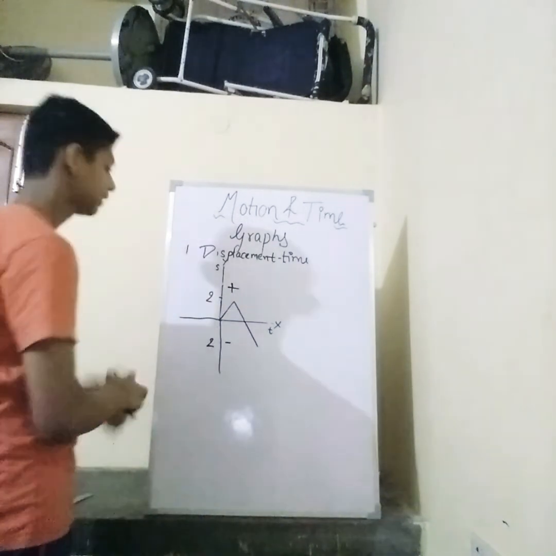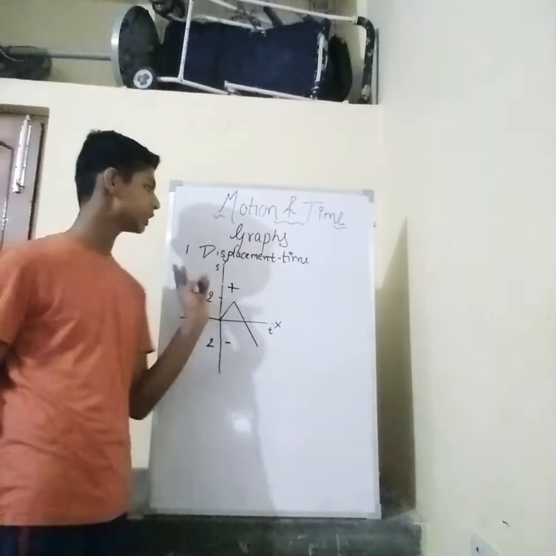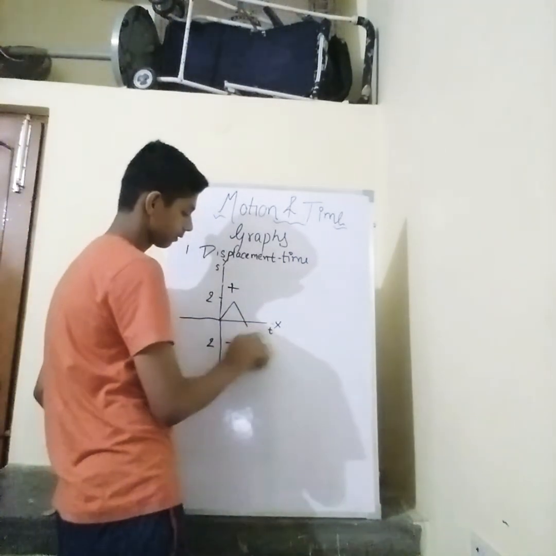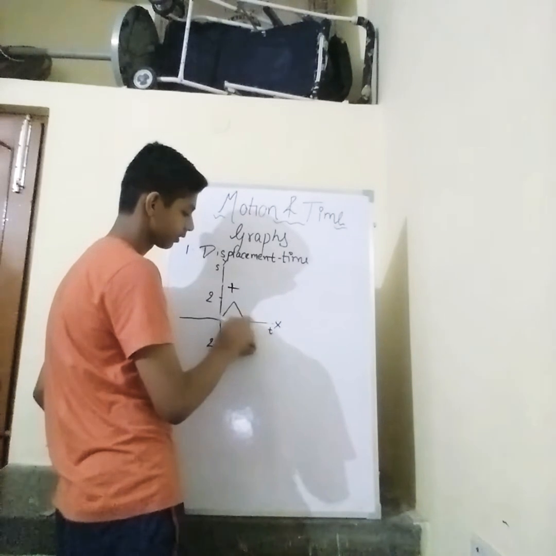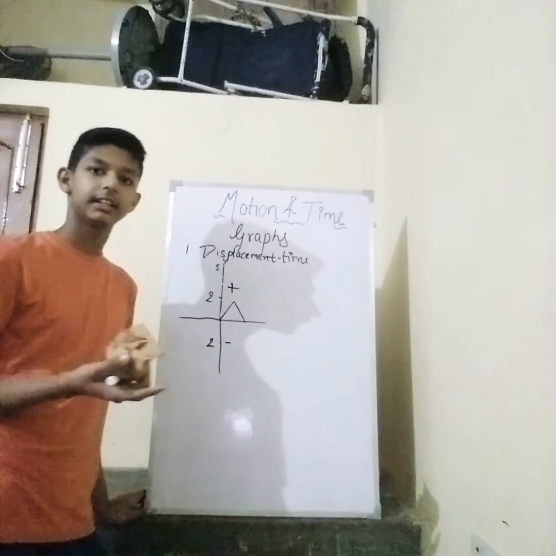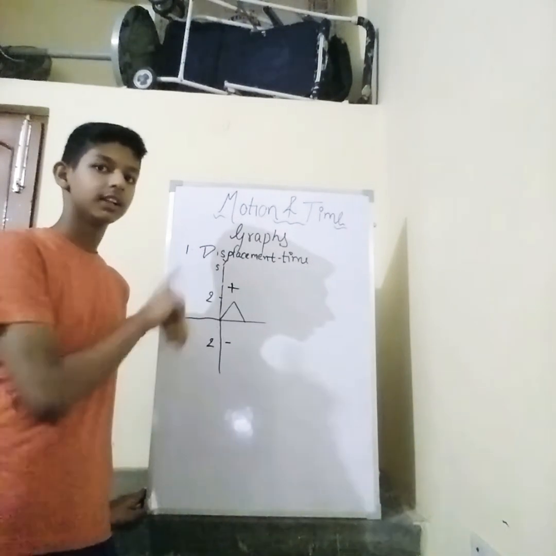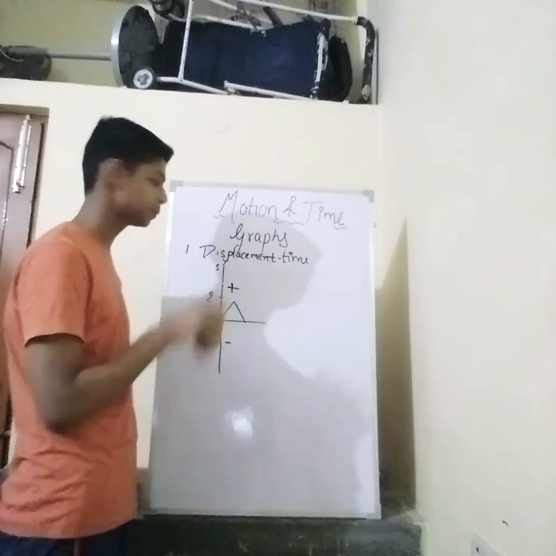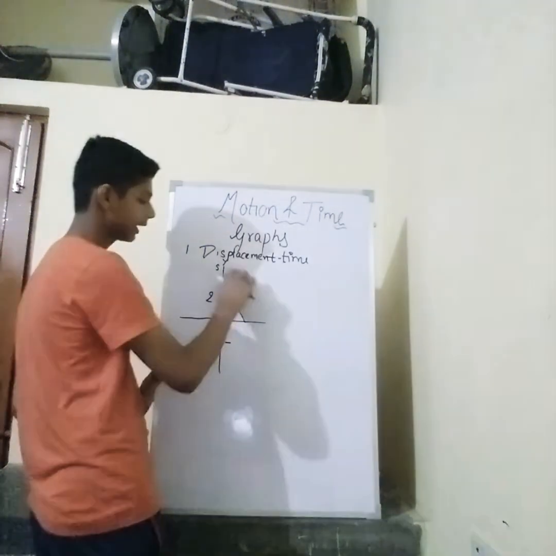We can also calculate velocity through the displacement time graph. The slope of the displacement time graph gives velocity, as the slope of the distance time graph gave us the magnitude of speed.